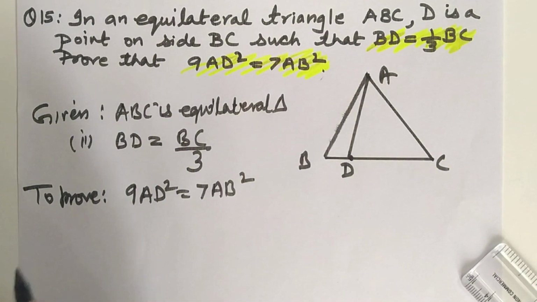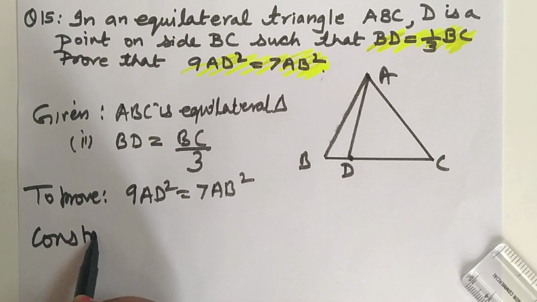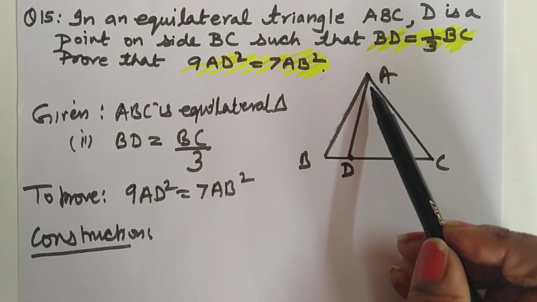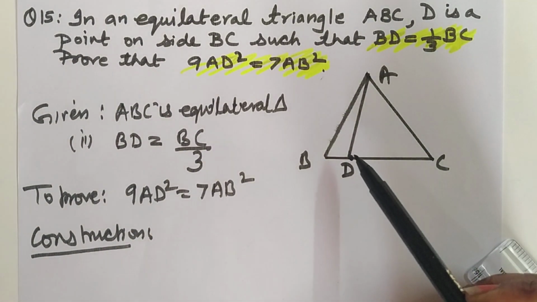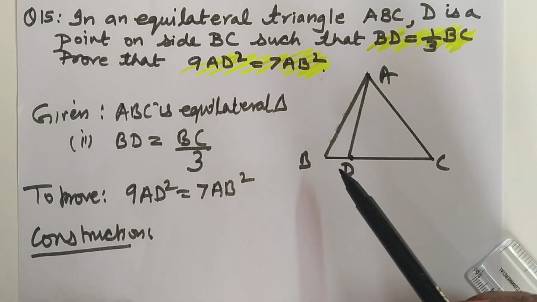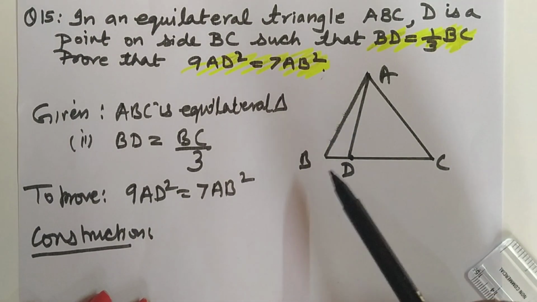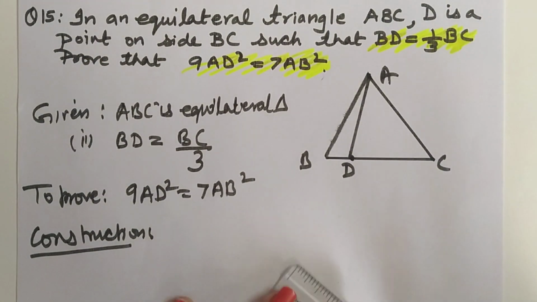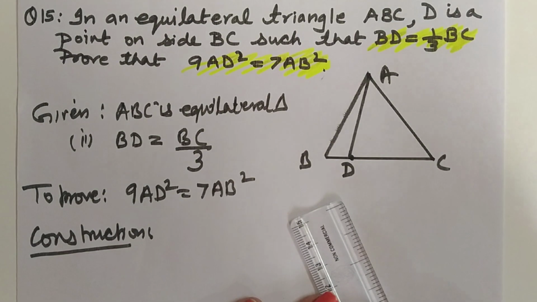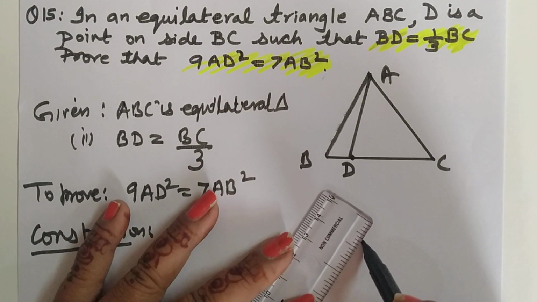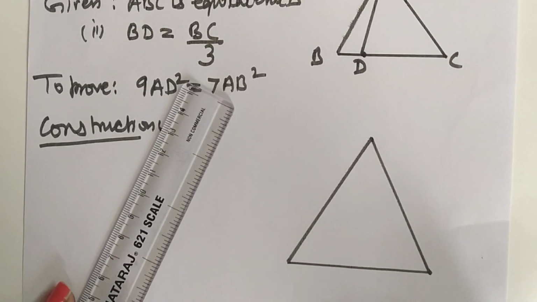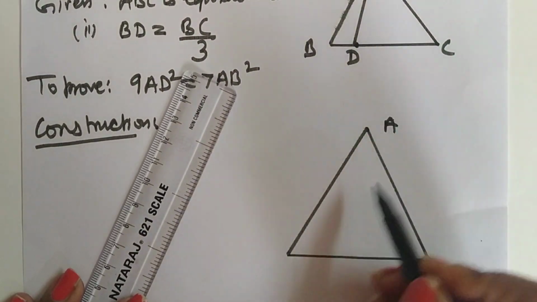To prove this, we need to draw a perpendicular from the vertex A on BC in the equilateral triangle ABC. I am making the triangle again here to make it clear.